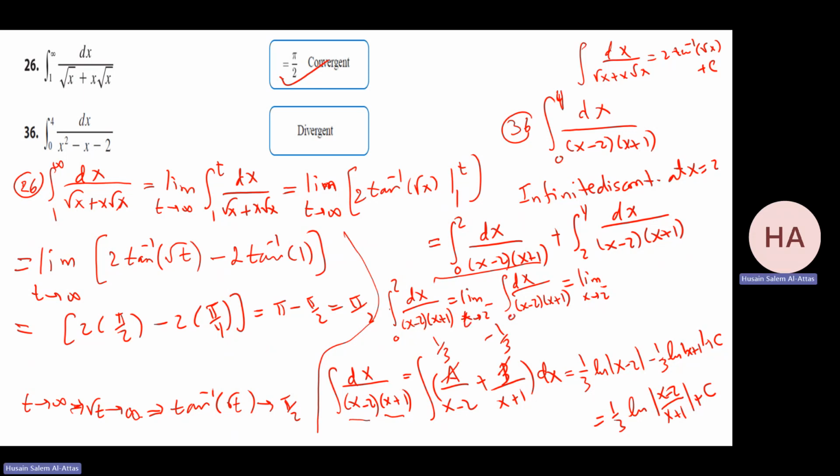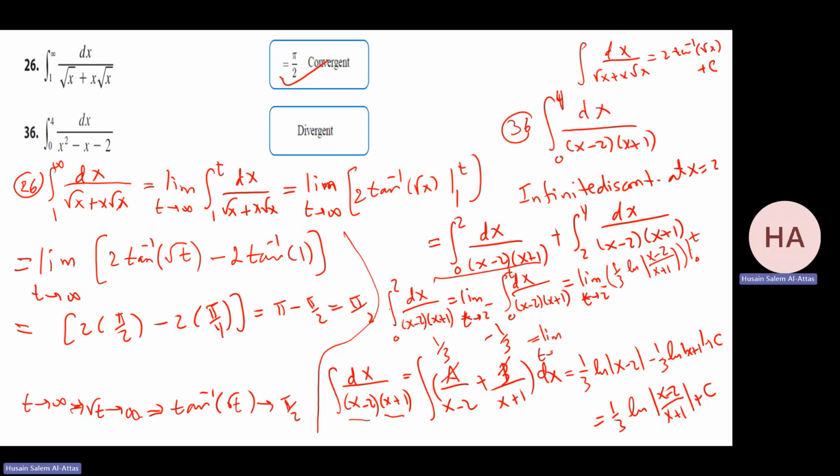So I have 0 to t, where t goes to 2. Any t, that will be 1 over 3 ln of x minus 2 over x plus 1 from 0 to t.